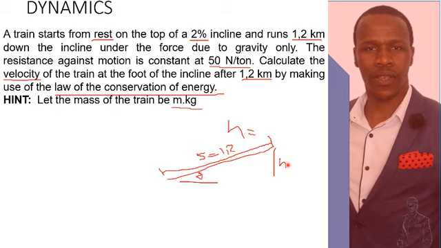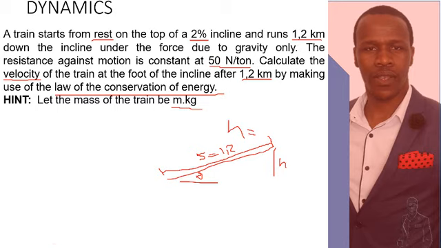If you have the angle, the h and s, which is the hypotenuse, and you are looking for h, then opposite over hypotenuse is equal to sine theta, isn't it?